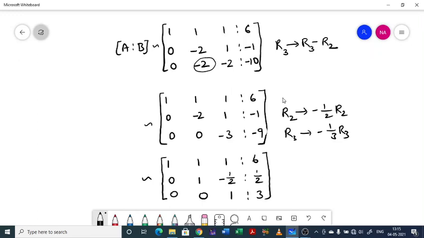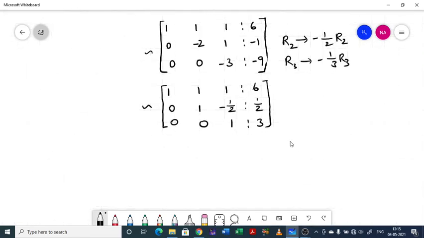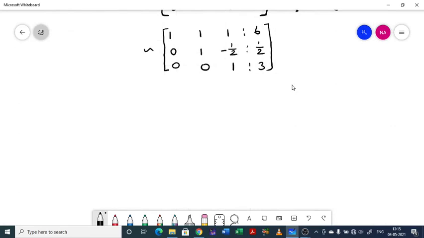Okay, now let us look into this matrix. Now we have reduced the augmented matrix to echelon form. So this is the augmented matrix A colon B. Here n equal to 3. For rank of A, just block or cover this column and forget this column.